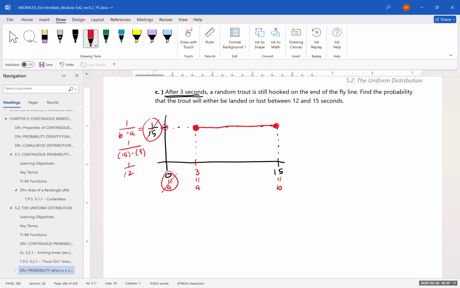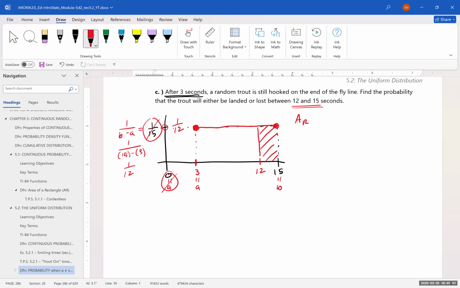So it's no longer going to be 1 over 15. It's now going to be 1 over 12. And we want the probability that the trout will be landed between 12 and 15 seconds if it's already been on our fly line for 3. So here's 12. What we want is this area right here.